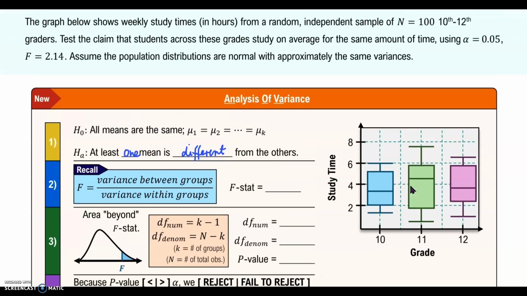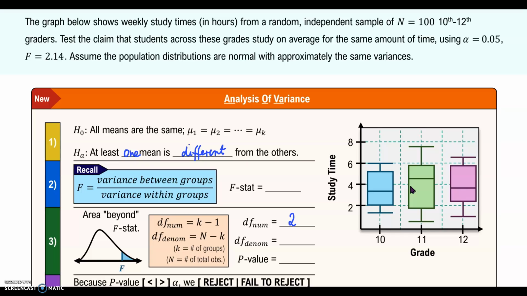So in our example over here, we're looking at study times for a sample of 100 students. The degrees of freedom in the numerator is, again, we have 3 different groups, 3 minus 1 is 2.